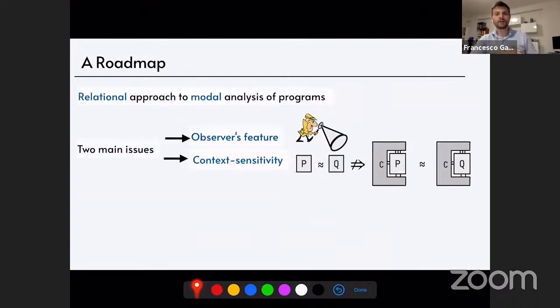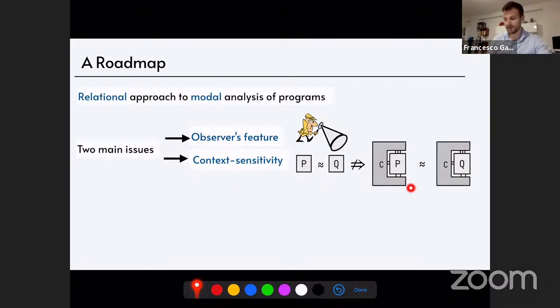Okay, so although our intuition told us that there may be some hope to approach this modal or Coeffectful analysis of programs in a relational way, relying on program equivalence, we have two main issues that seem to suggest that actually this is not the case. The first one is that equality depends on the observer's features.